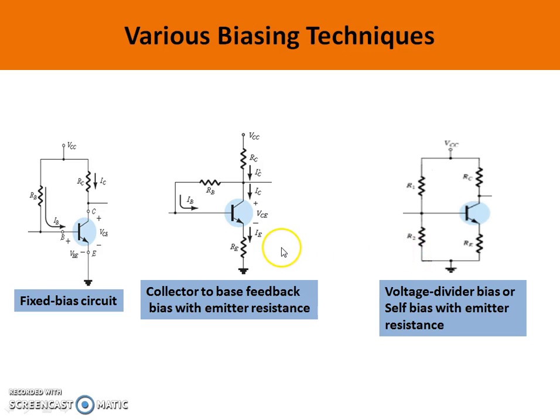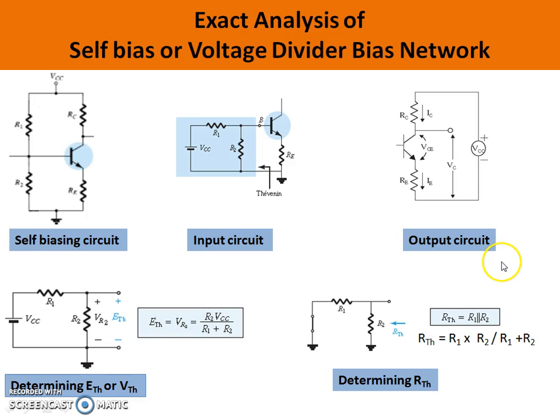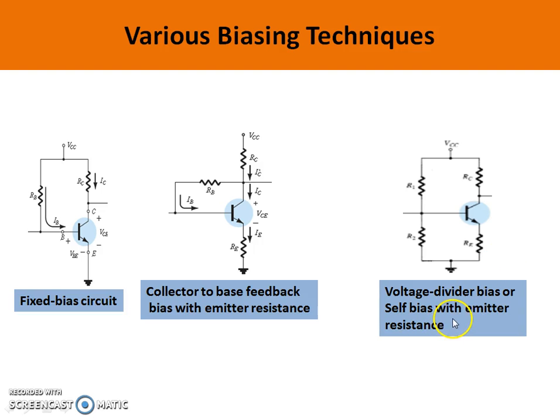In collector to base feedback, emitter resistance is used. Also, in self bias or voltage divider bias network, emitter resistance is used.